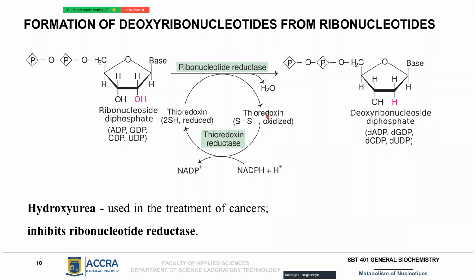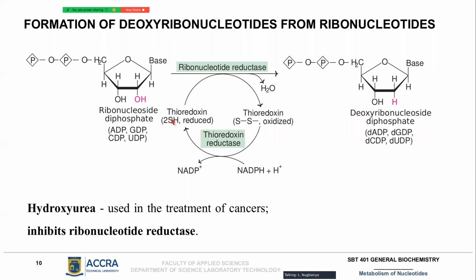Thioredoxin in its reduced form in this reaction carries that hydrogen which will get attached onto carbon number 2 for that reduction reaction to occur. And whilst it does that, it itself gets oxidized, and so it becomes thioredoxin in its oxidized form.